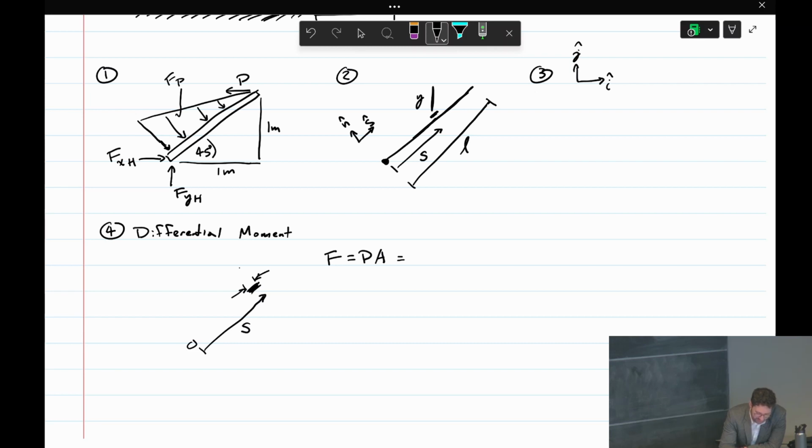we'll call the length of that element ds, meaning that it's a small differential element along our s coordinate direction. So PA is going to be the pressure on that element times the area, which is ds times 1. So that's the unit depth. Assume the unit depth into the page.